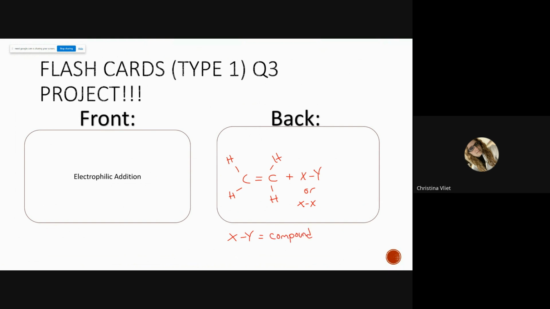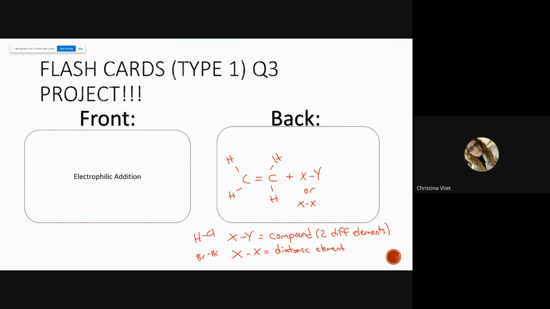Two different elements. And XX means a diatomic element. So that means that XY could be something like HCl, for example, whereas XX has to be something like BrBr. Do you see the difference?